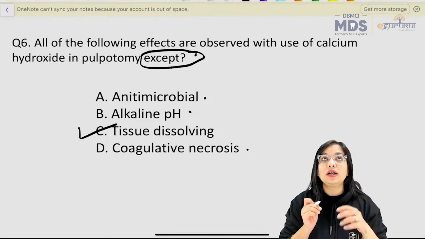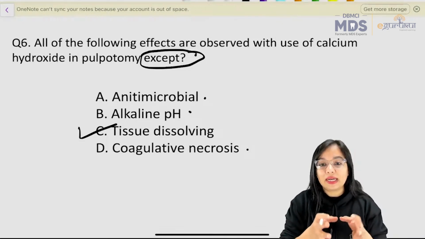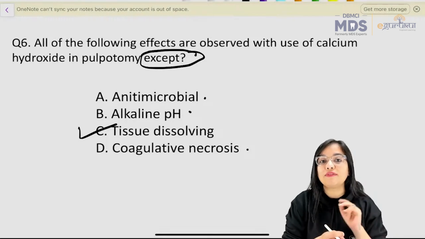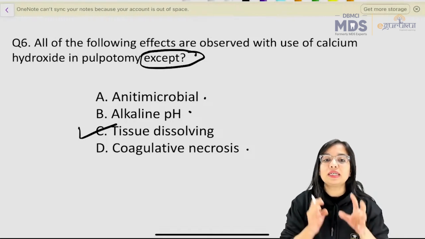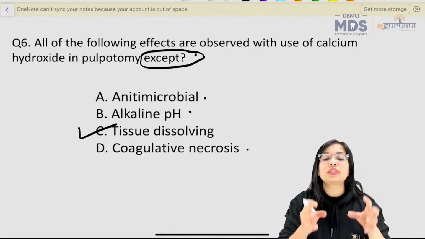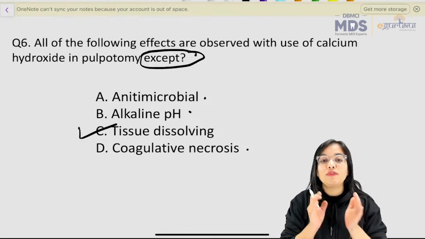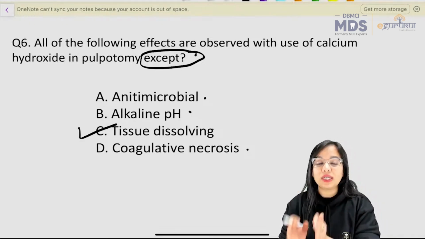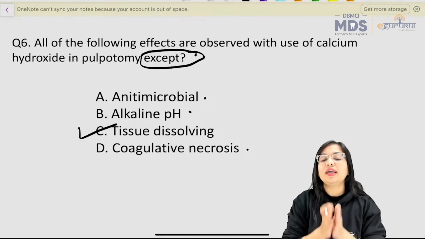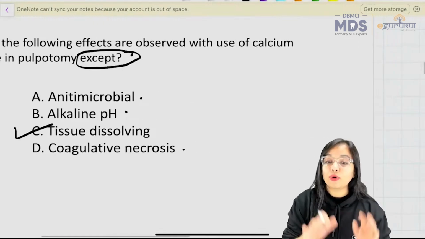The hydroxyl ions present in calcium hydroxide have three basic mechanisms. That is, they cause damage to the cytoplasmic membrane, they also cause damage to the DNA of the bacteria, and again the hydroxyl ions result in protein denaturation.